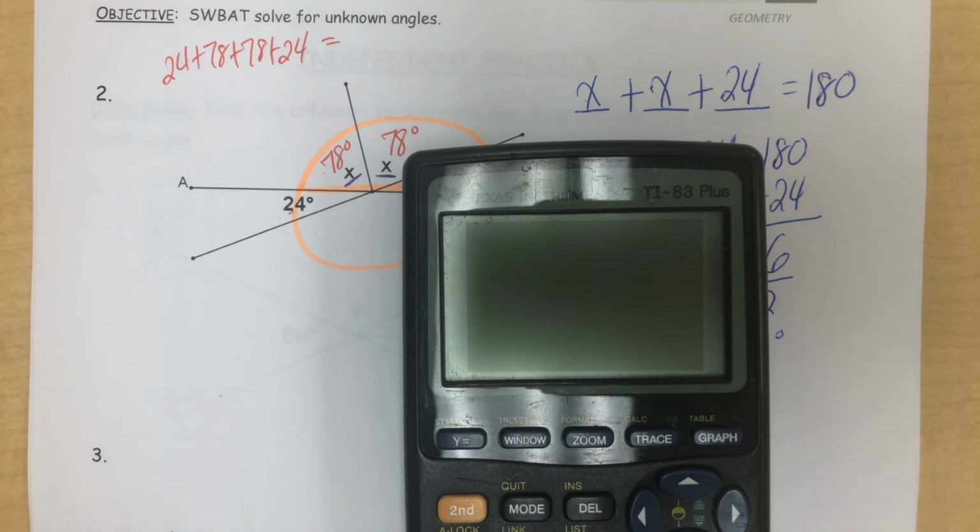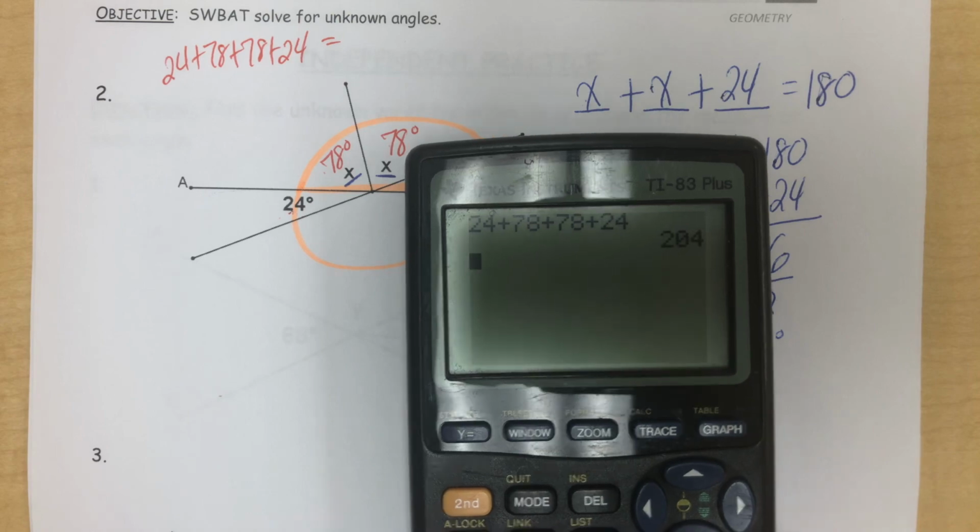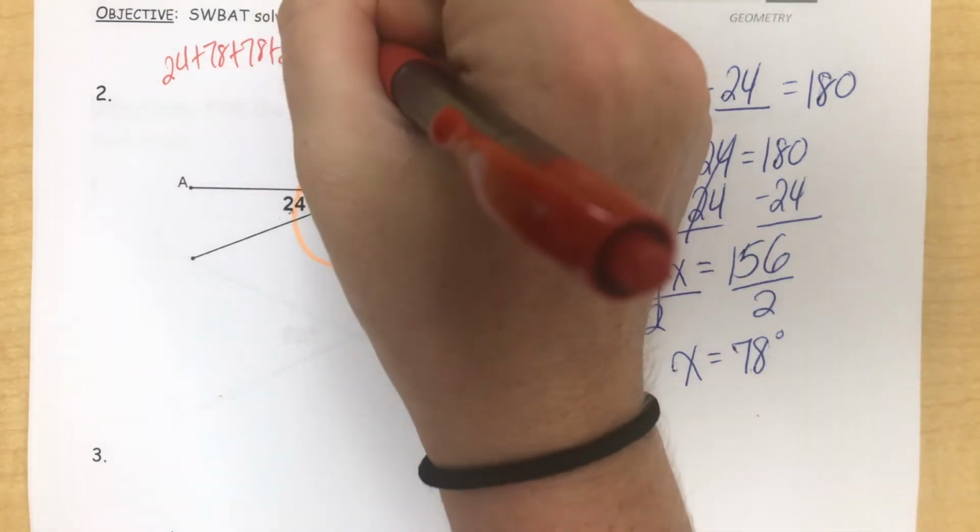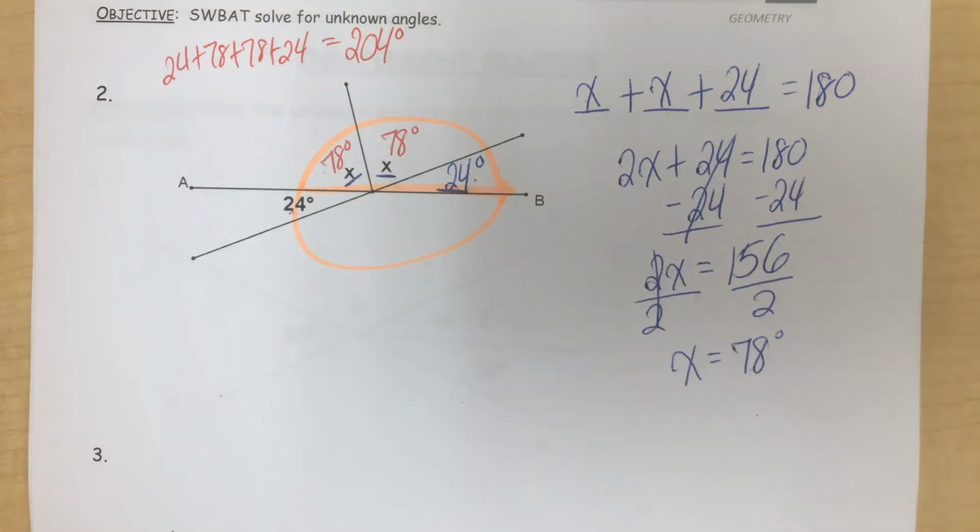Hopefully you can see this. So we have 24 plus 78 plus 78 plus 24, and I'm getting 204. So again, I know this equals 204 degrees.